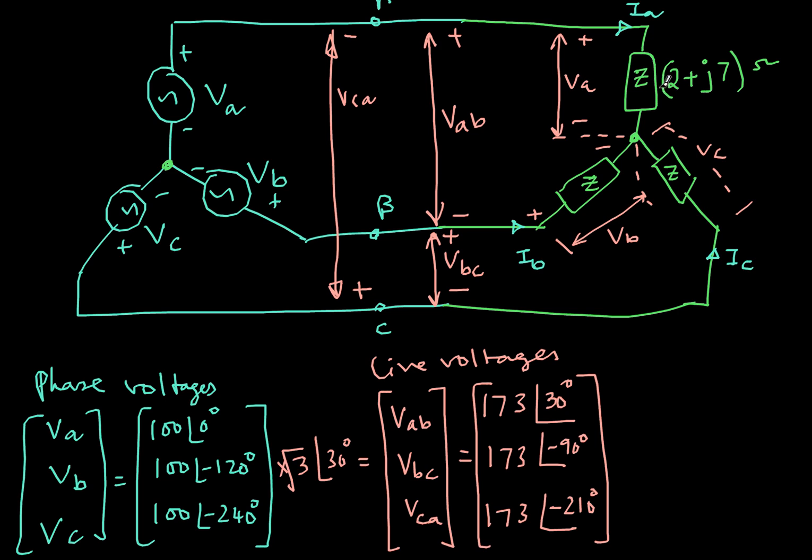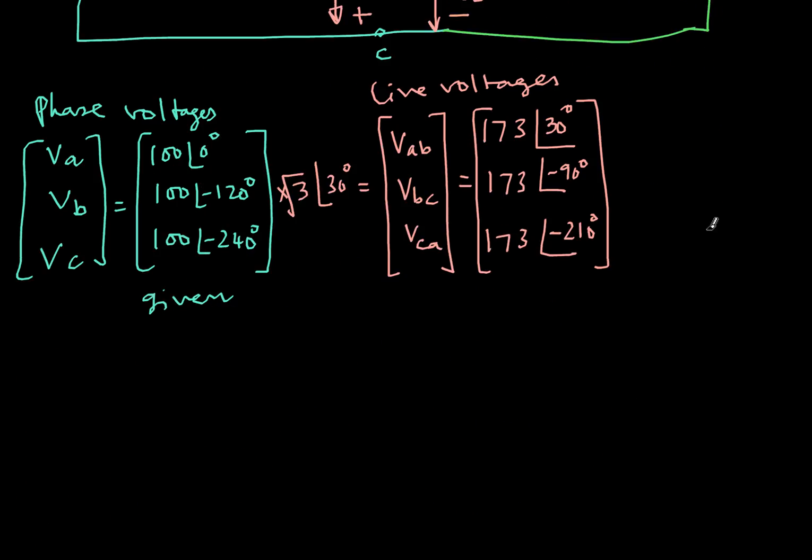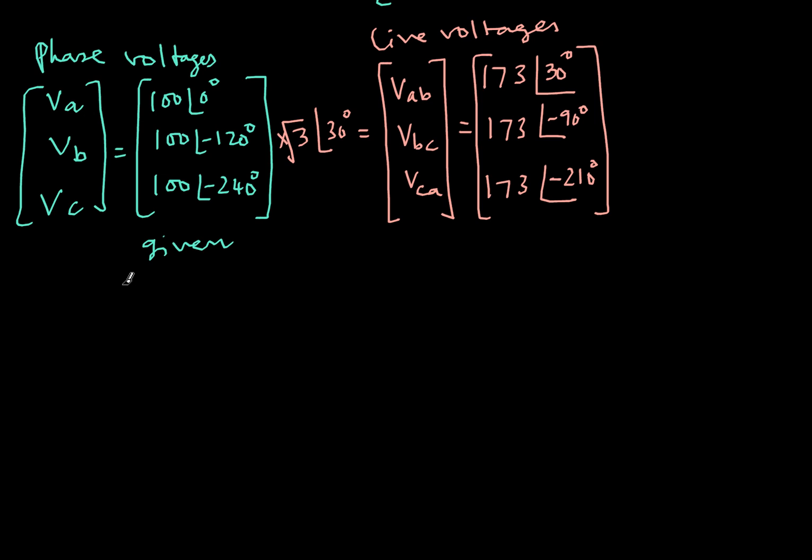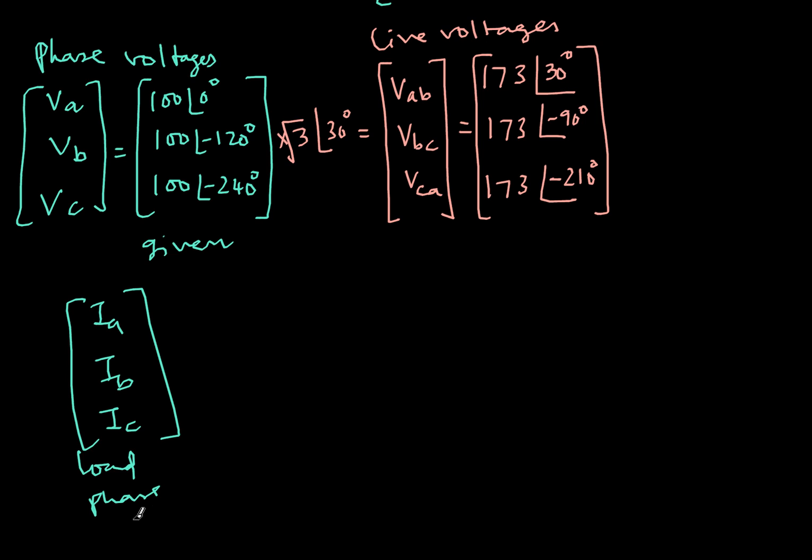Simply V phase by Z phase. So V by Z will be the current IA, and similarly IB will be VB by Z and IC will be VC by Z. Let's do that calculation here. So IA, IB, IC, these are the load phase currents.